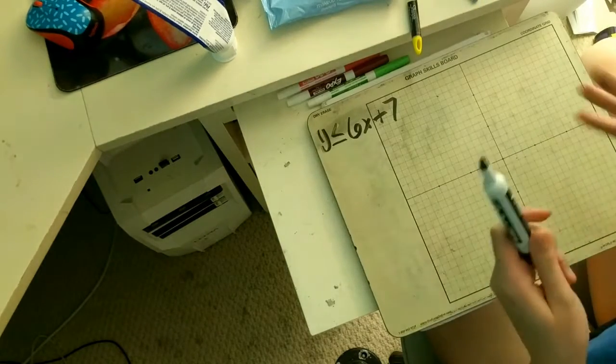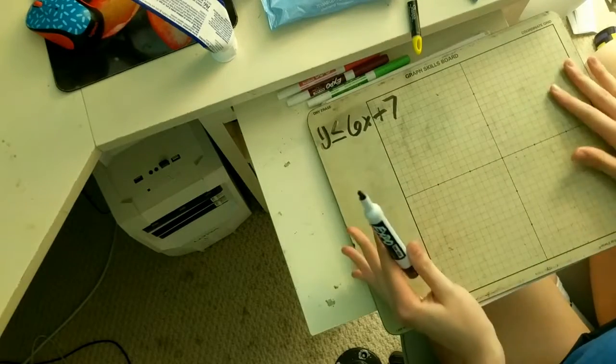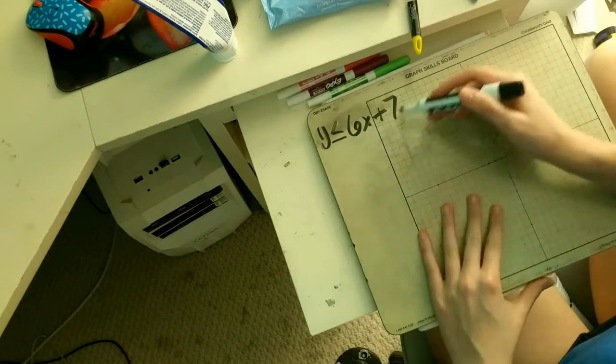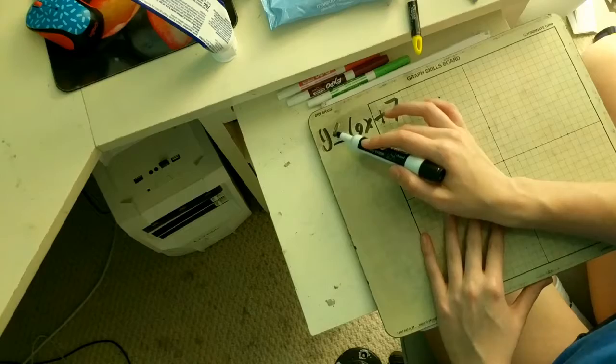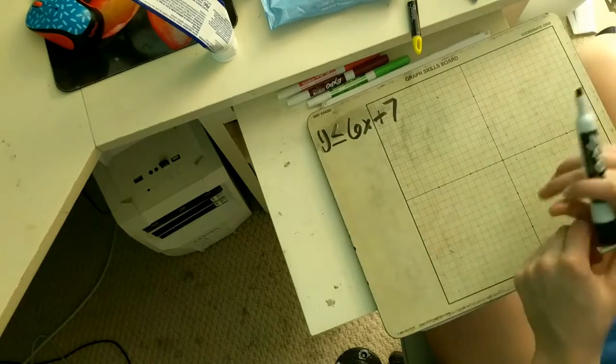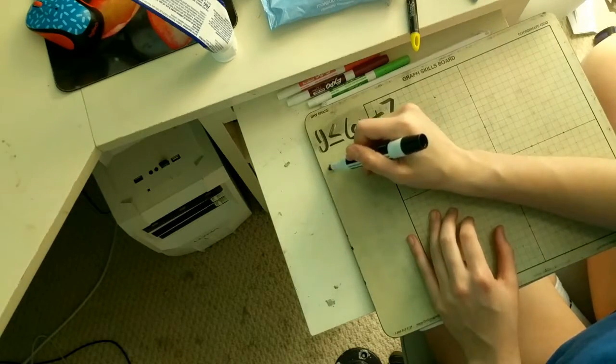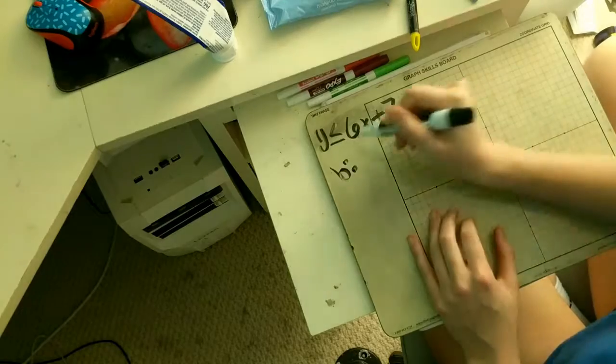So we are now going to apply our identifying skills into actually graphing a linear inequality. Here I have an equation: y is less than or equal to 6x plus 7. So we have our 7, our y-intercept.